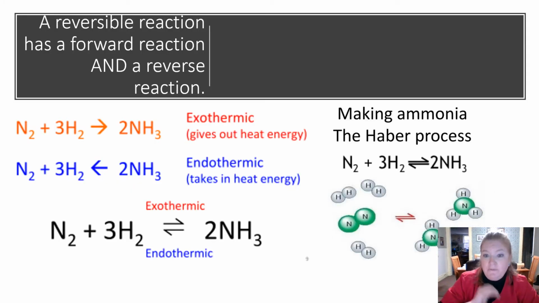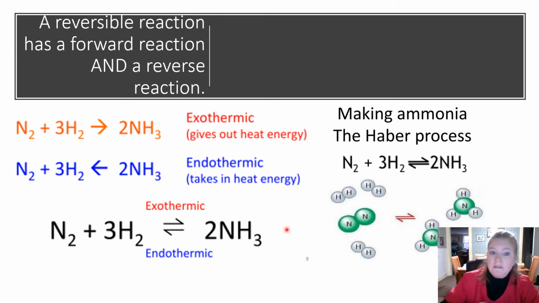Again, a reversible reaction has a forward reaction and a reverse reaction. Here is an example with the formation of ammonia. It can go forward, producing ammonia, and it can go backward, breaking apart ammonia into its components. This way would be synthesis, this way would be decomposition.